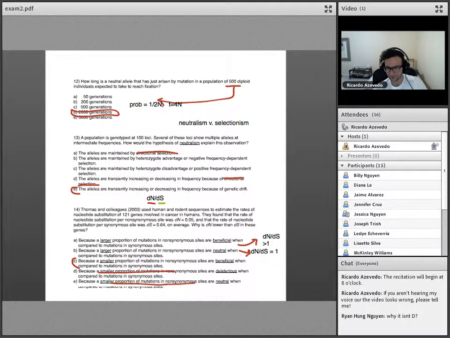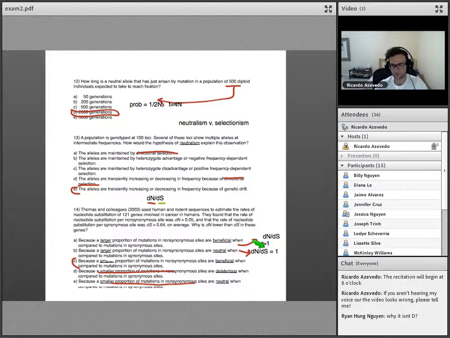Why isn't it D? Ryan asks. So in D, it says that a smaller proportion of mutations in non-synonymous sites are deleterious. D would imply that the mutations in non-synonymous sites are mostly beneficial or neutral. In both scenarios, if most of the non-synonymous ones are neutral, dN/dS should be close to 1.